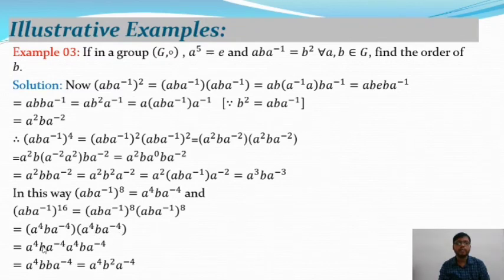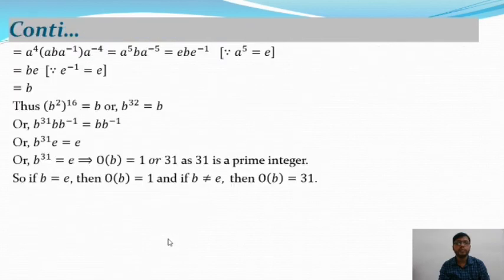Applying the above process we get a to the power 4 b square into a to the power minus 4, that means a to the power 4 into a inverse, where b square is equal to a inverse, into a to the power minus 4. After simplifying this, we get a to the power 5 b a to the power minus 5.